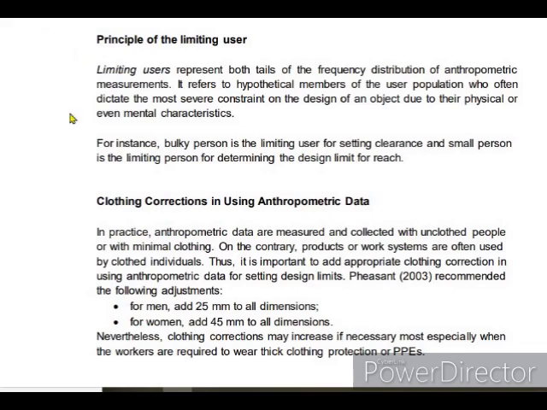So that is not good, because if you use the bulky person as the limiting user for setting clearance, it will not suit the small person. So you should have considered the small person. You should design it in their middle, middle size.